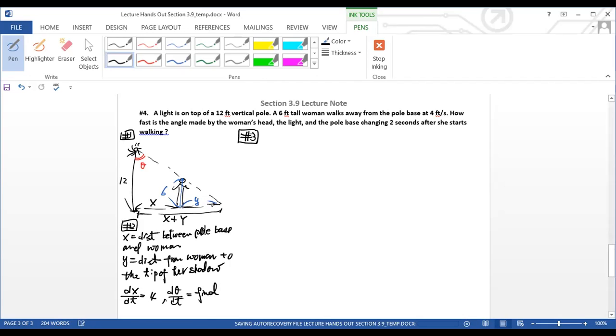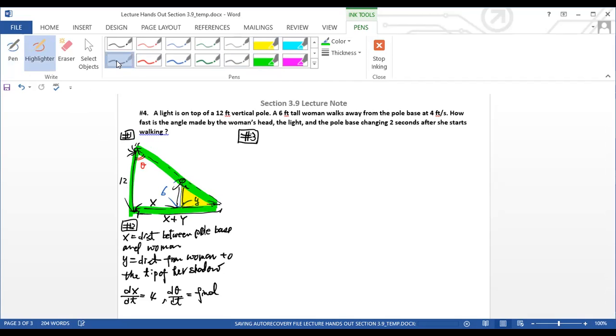Okay, so now let's try to put all this information together. When you do this type of problem, take a look here. Really you have a little triangle, and then you have the big triangle, the green one.